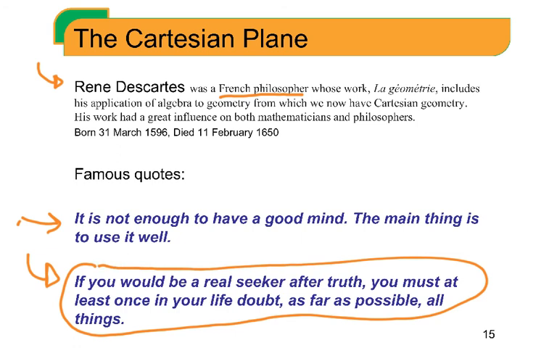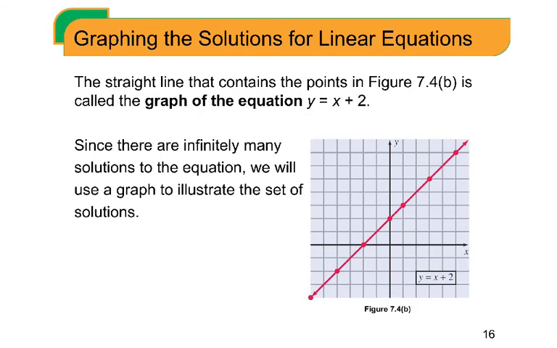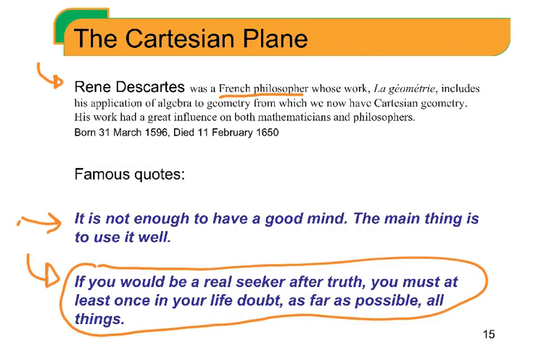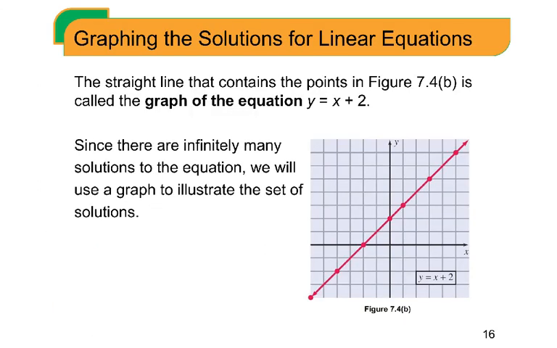If you would be a real seeker after truth, you must at least once in your life doubt, as far as possible, all things. Question everything. Okay, let's pause here. And when we come back, because some of you might need to skip this section, we'll talk about how to graph a line.